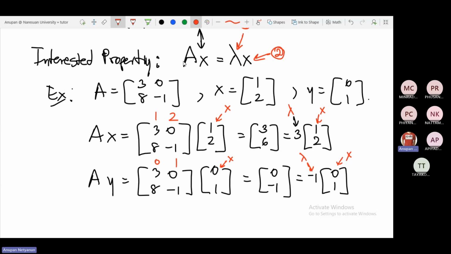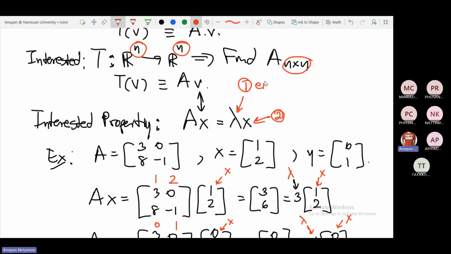Okay, so let me give you a name first. Your lambda in this case we will call eigenvalue. This one is called eigenvalue. And this x, the vector here, we will call eigenvector. Now, if you talk about one vector, we will call it eigenvector.